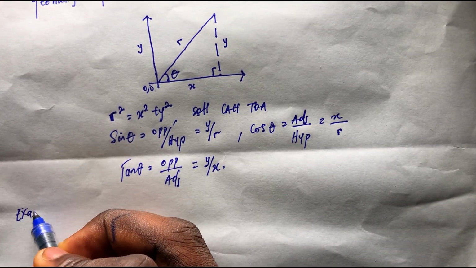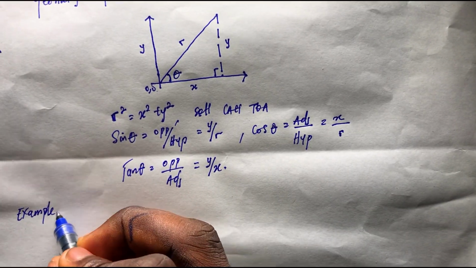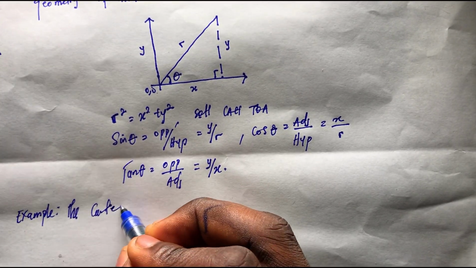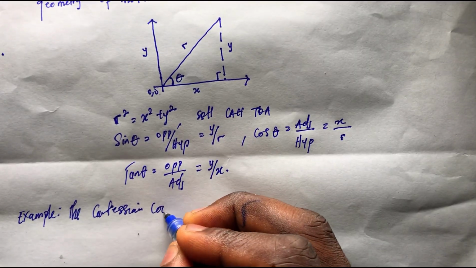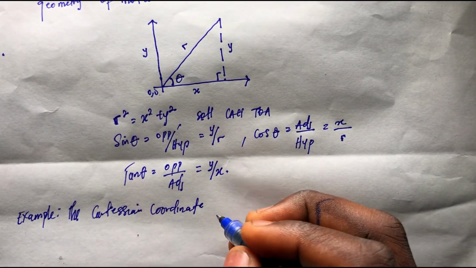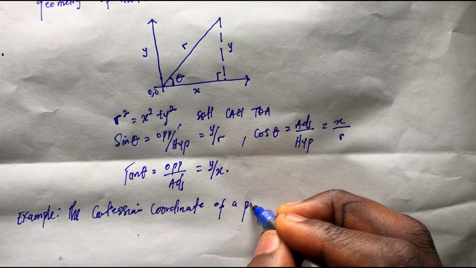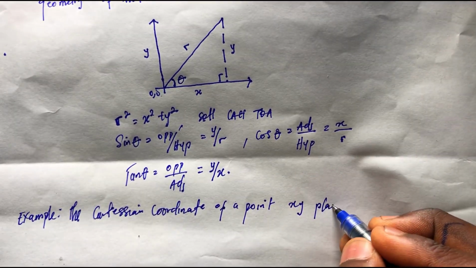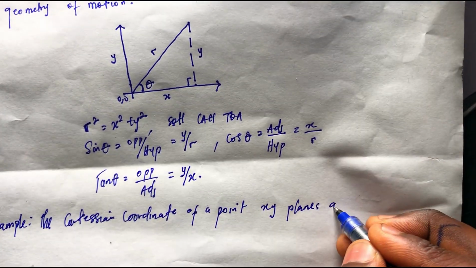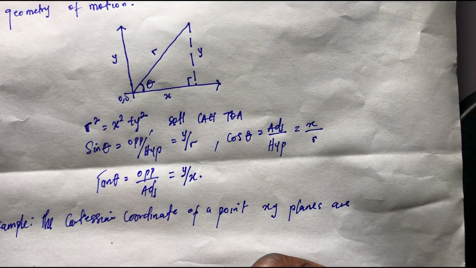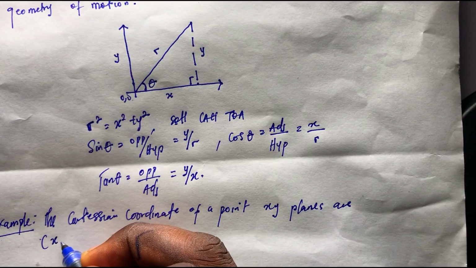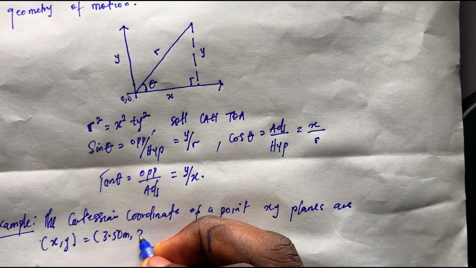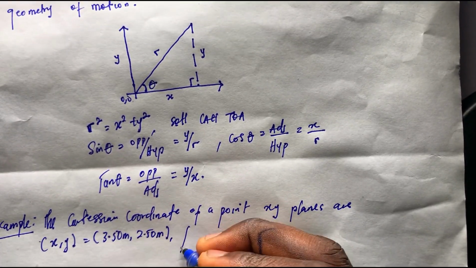Let's say we have an example. The Cartesian coordinate of a point in the xy plane: let's say x and y are equal to 3.50 meters and 2.50 meters.